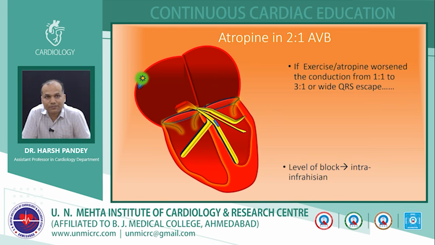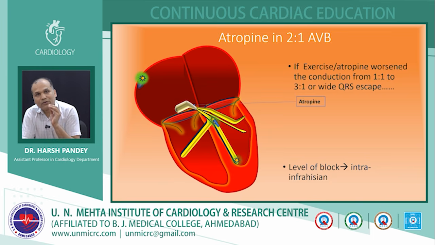So what is the reason here? Suppose this patient has this P wave blocked, another P wave blocked at the Hisian level, and the third P wave was being conducted. So 3:1 conduction is happening here, and you have given atropine. Once you have given atropine here, the AV nodal conduction is improved. But what is going to happen? Now every impulse is being transmitted to the His Purkinje system, which is already diseased.